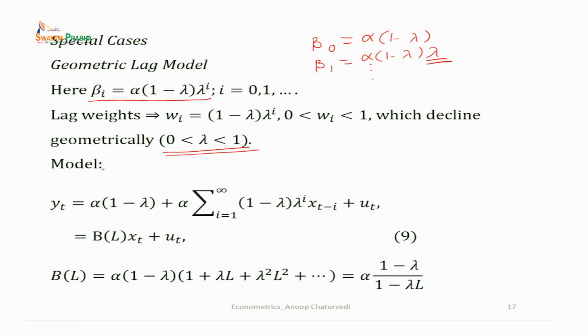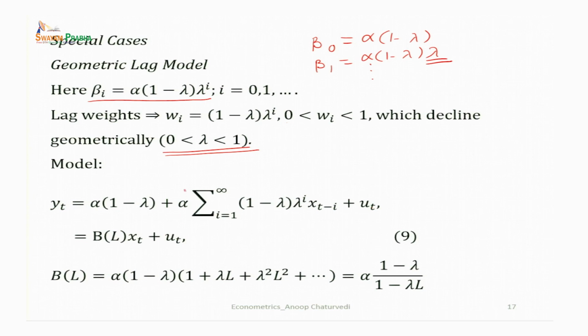So, these weights are declining geometrically. Then you can write the model as y t equal to beta naught plus summation, that is, alpha into 1 minus lambda plus alpha into summation i equal to 1 to infinity, 1 minus lambda into lambda to the power i, x t minus i, plus u t.